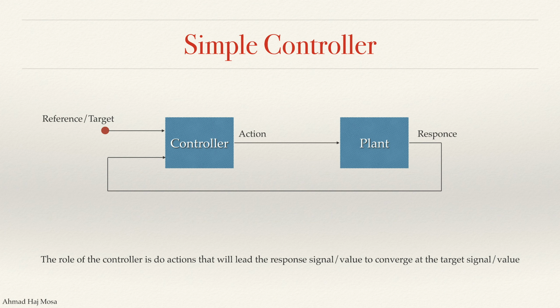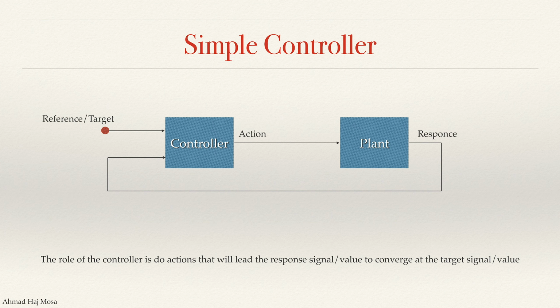So when I increased the throttle, the car started to accelerate and the error started to decrease until it reached zero. But also, as I said, it was hard to keep it at zero, so we were oscillating around the target speed.